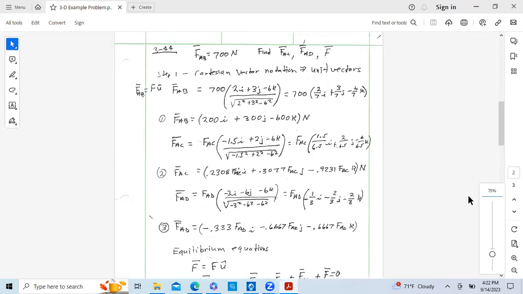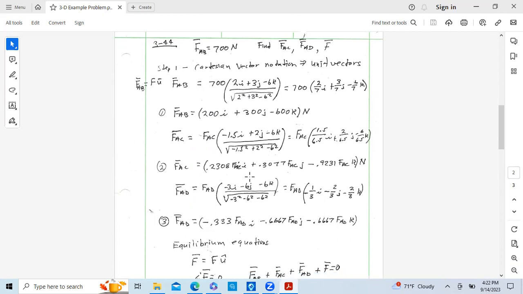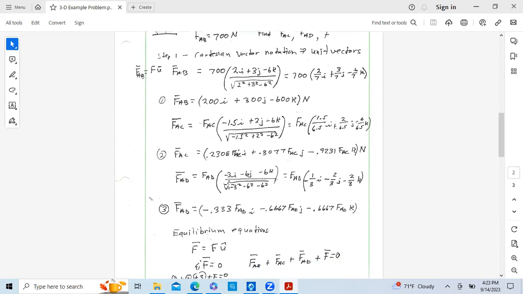So what we've done is we've found FAB. This is what we had for FAB. We did FAC. This is what we had for FAC. I'm going to do the same thing for FAD. Find the unit vectors. The I direction, if you look on there, is going to be +3.